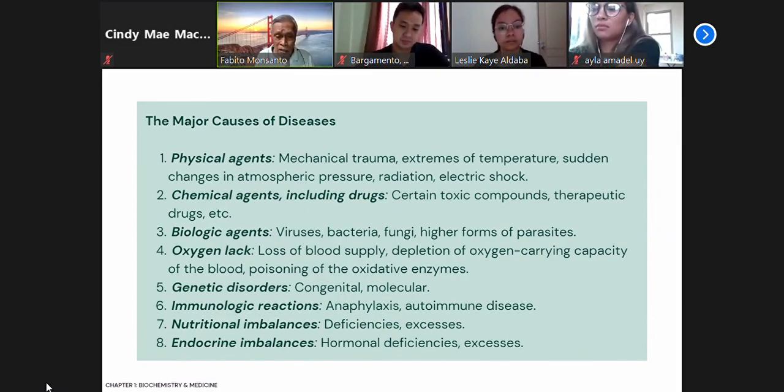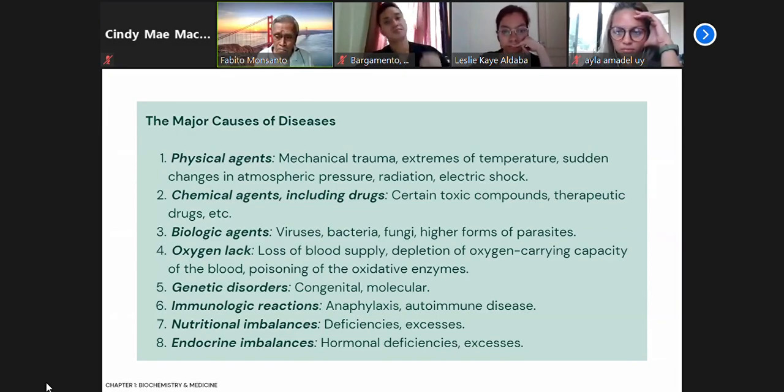Oh, number one here is viruses. The one that we are having now, the coronavirus. Then bacteria, fungi, higher forms of parasites, including human parasites.